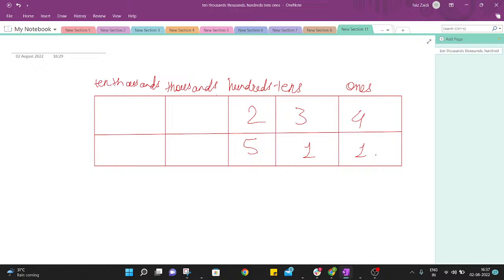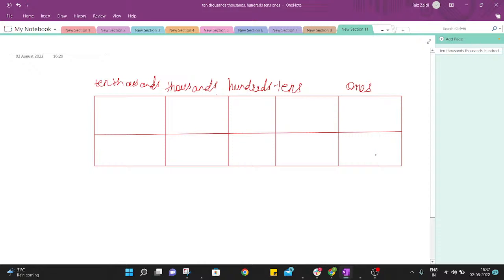Now you tell me, do we need to compare the tens and the ones place value? Because the hundreds place value is the largest one and it is not equal, because 2 and 5 are not equal, we don't need to do anything. We can just say that 511 is greater than 234, because the largest place value is greater in 511 as compared to 234, because in 511 we have 500 and in 234 we have 200.